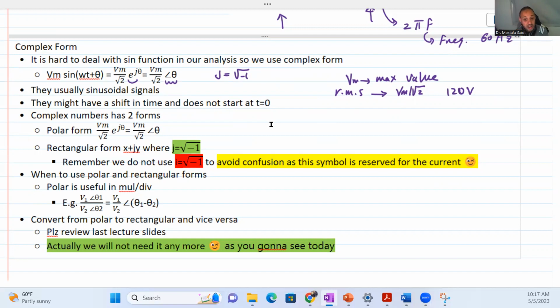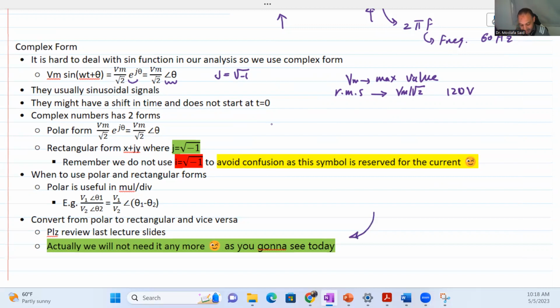We learned last lecture how to convert from polar to rectangular and from rectangular to polar. But the good news is we will not use that frequently in our course. This is just for your information, in case you don't have the tools that I'm going to teach you today, you can do it yourself.